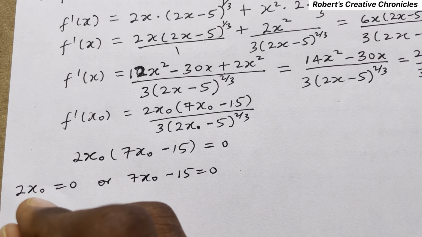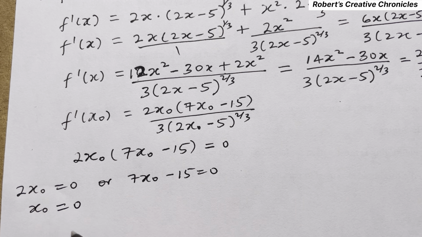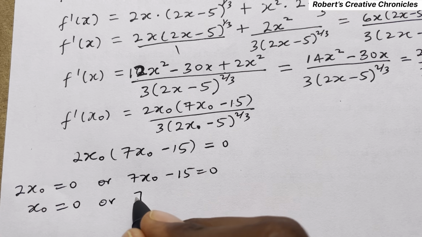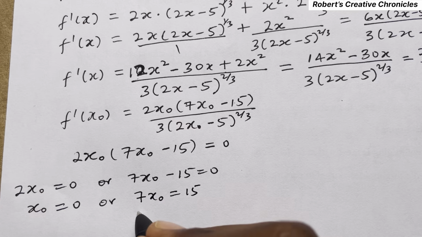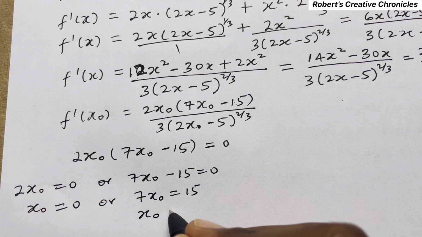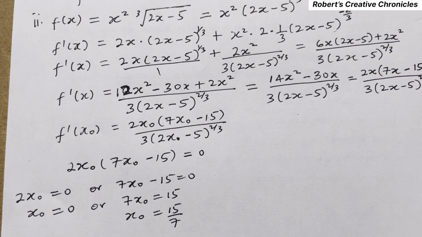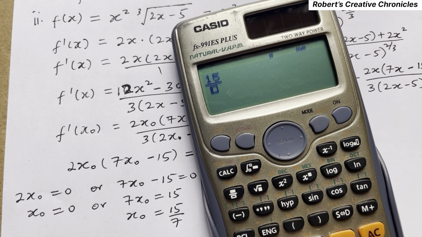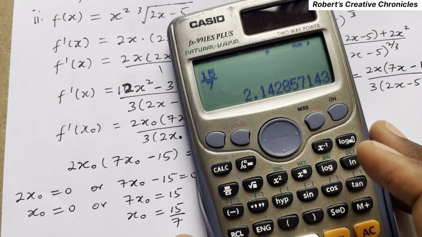From here, x naught is equal to 0 when you divide both sides by 2, or here 7x naught is equal to 15. So therefore x naught is equal to 15 over 7, which is 2.14.